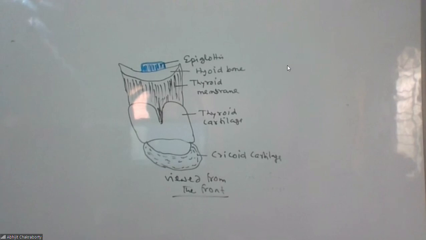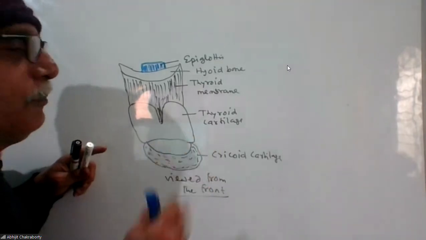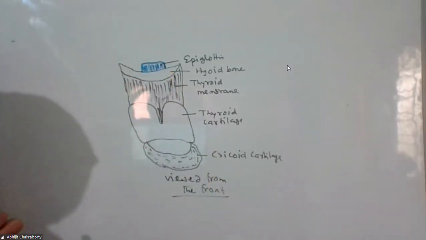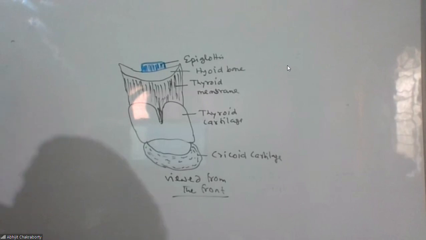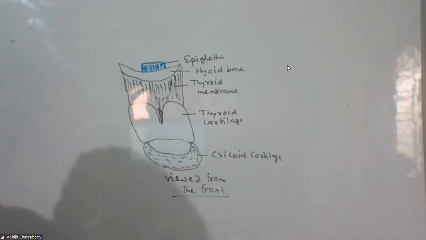I'll show you, no problem. Glottis cannot be shown in this diagram from the front view. Now another diagram is there. From behind, you will again get thyroid, and you will get arytenoid also there. From the front, now from behind, I am showing you.